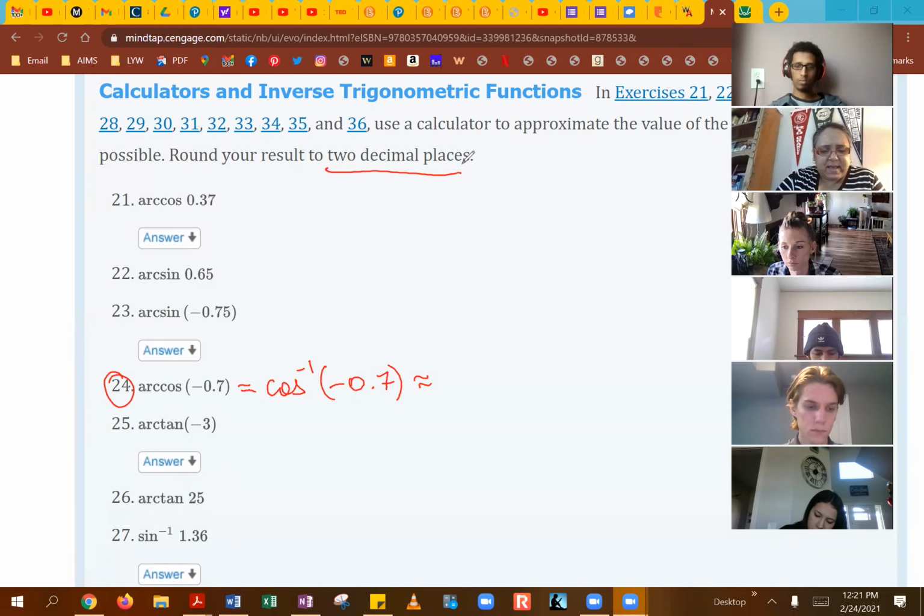Yeah, I was gonna say that I did not get the 45 something that Shu had. I got 2.3461. It keeps going and you're rounding it to 2 decimal places. So Shu, what do you think happened with your answer over here?